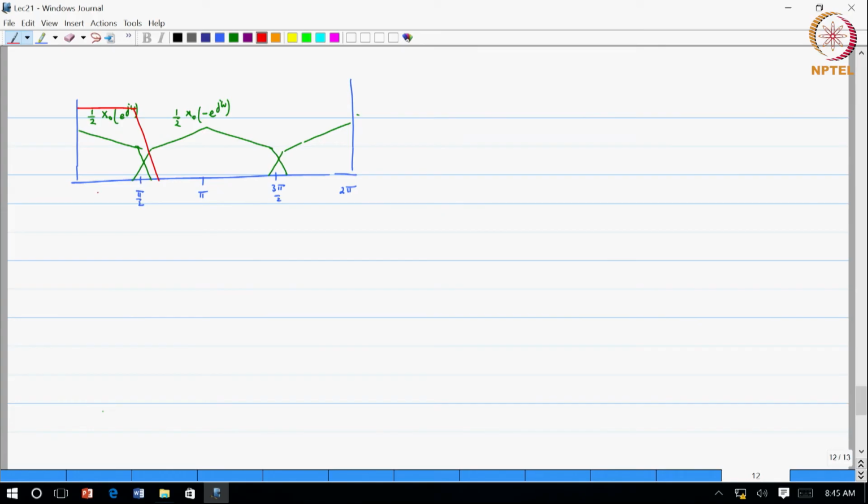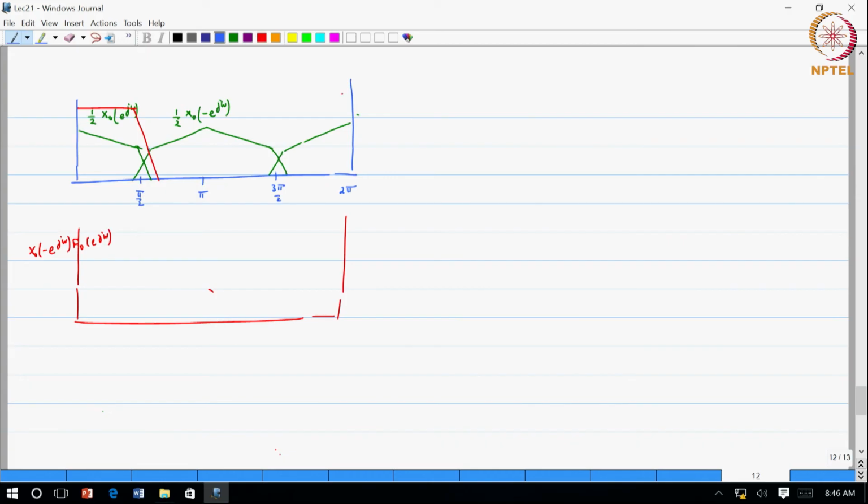So, the part that we need to eliminate is the portion of the spectrum which is contributed by the following term, X0 of minus e to the j omega multiplied by F0 of e to the j omega. Okay. What is that?